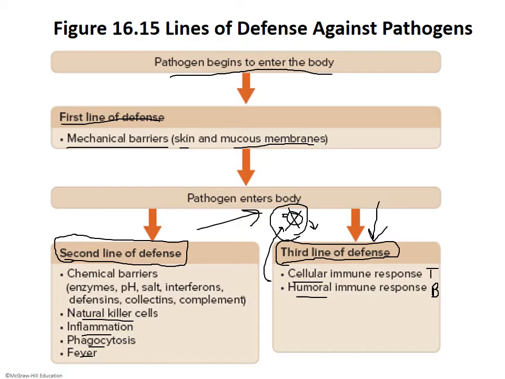It basically learns its blueprints, and then after they learn how to fight this, I create memory cells so that if this little guy ever tries to get back in, these guys over here on the second line are going to fight them the same way, but these guys are going to have a better idea of what to do to get rid of them. And that's what we're going to talk about in this portion of it.